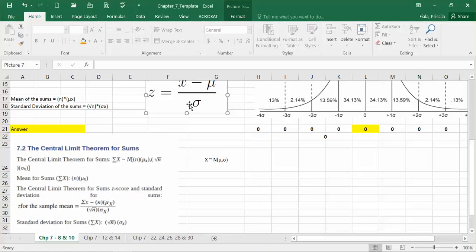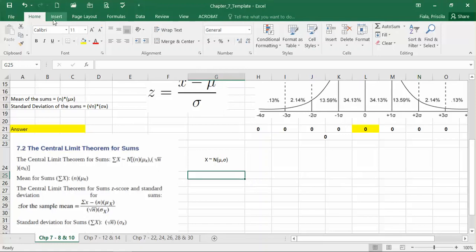Right here is my standard deviation. So all this here is the same as this, but we first need to define these values in order to replace them in this formula.